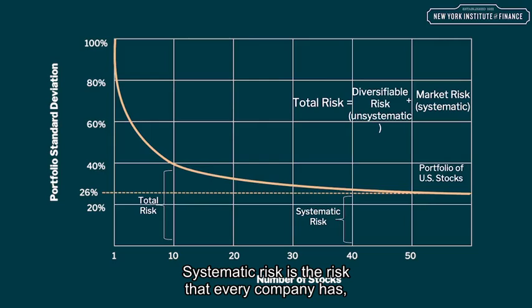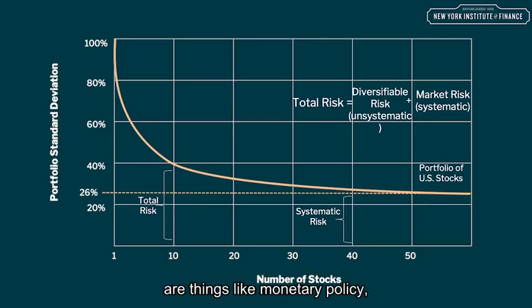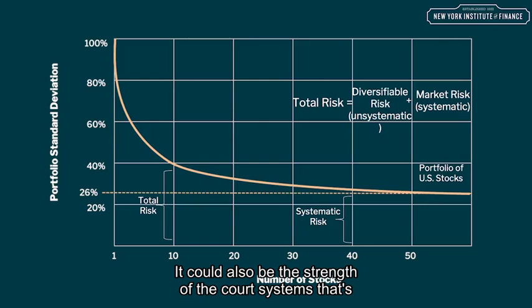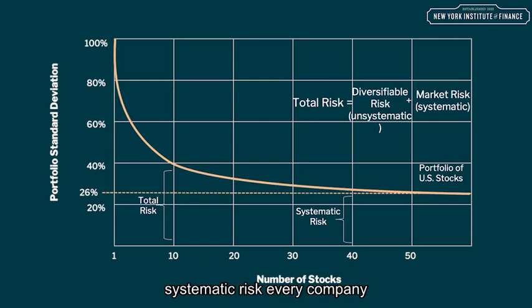Systematic risk is the risk that every company has, regardless of the way it's managed. Many of the drivers of systematic risk are things like monetary policy, fiscal policy, economic growth factors. It could also be the strength of the court systems. That's systematic risk. Every company in the marketplace has that risk.